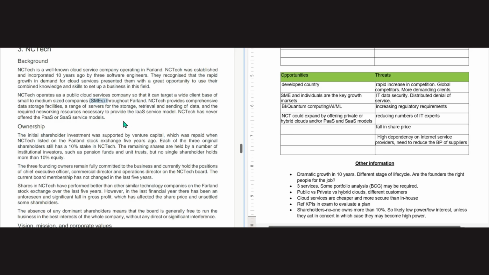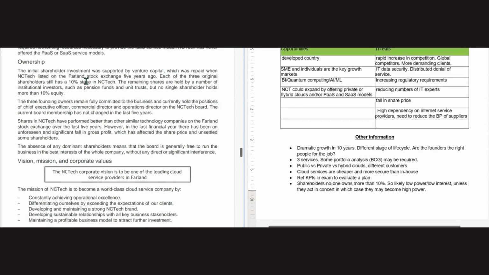And then it tells you a little bit about what they offer, what their service is. It tells you a little bit about the ownership, and you can read this in your own time. But essentially, the venture capitalists who supported this at the beginning have been bought out. Yes, they took the company public, they cashed in their shares, and that was that.